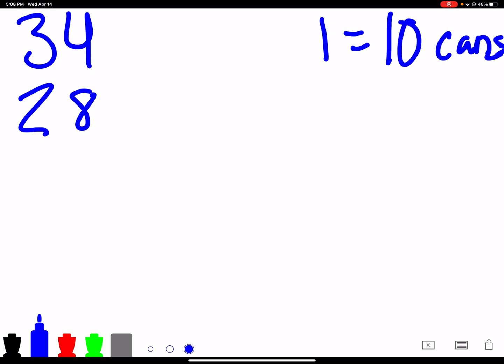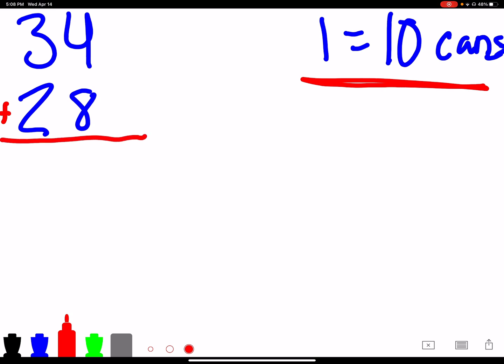So first, you have to figure out what's the total cans that you've earned in this problem. So you'll have to add 34 to 28, and in this case, since we have to figure out 1 coin for every 10 cans, this would be a great problem to use the number model, so you can see how many rods you have in your answer. So what I'm going to do is add.